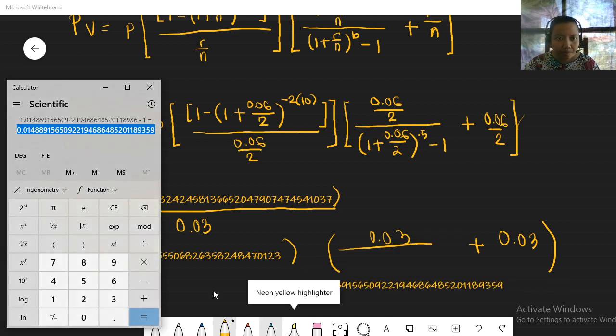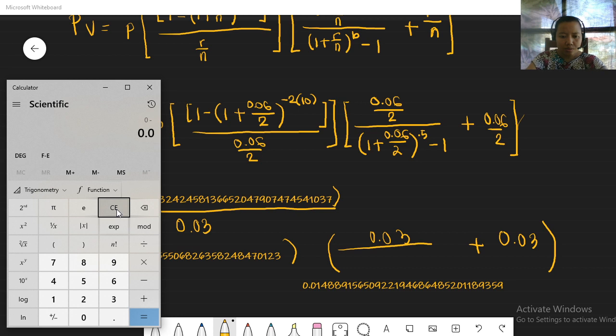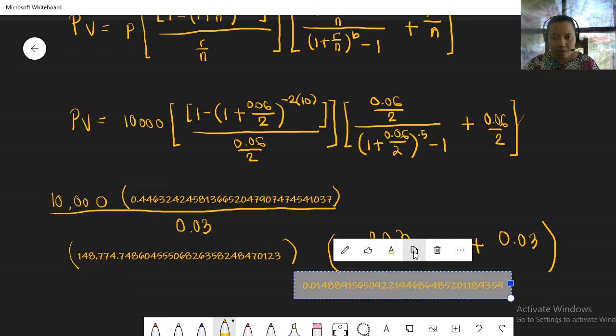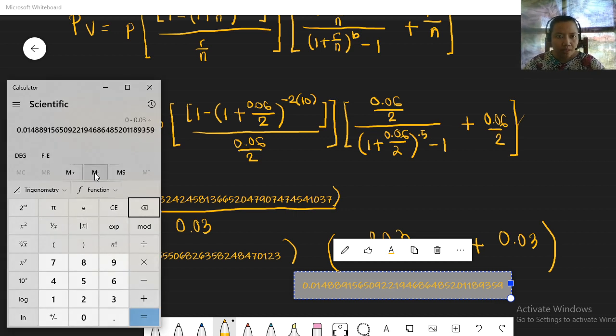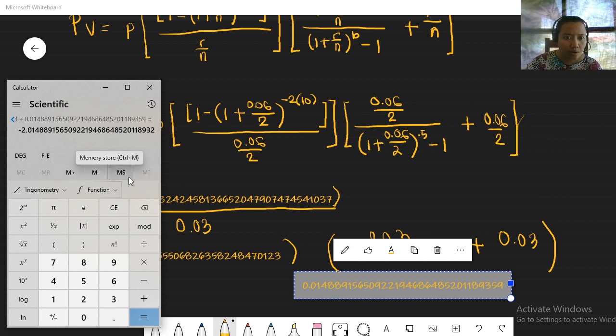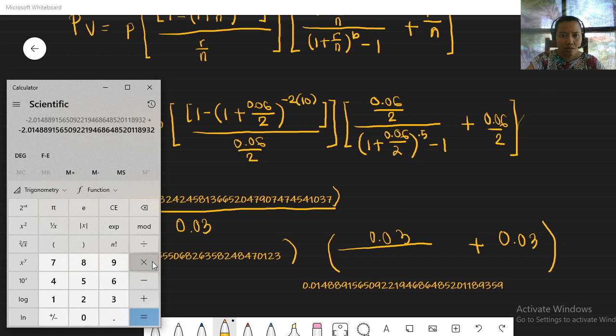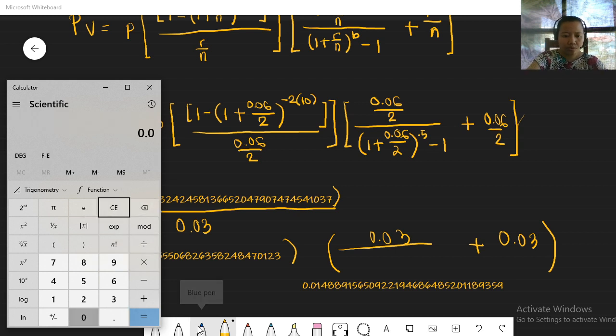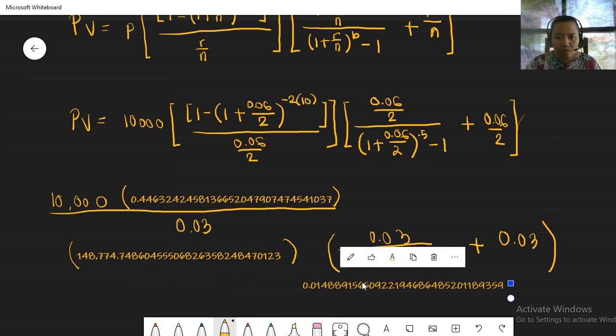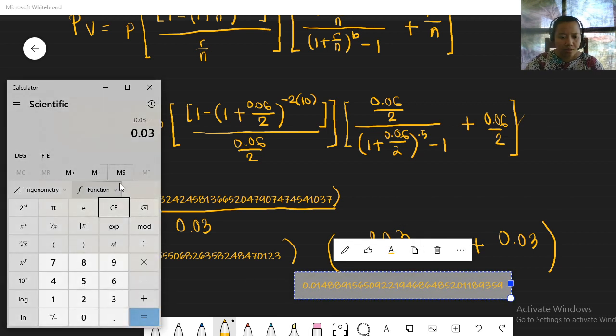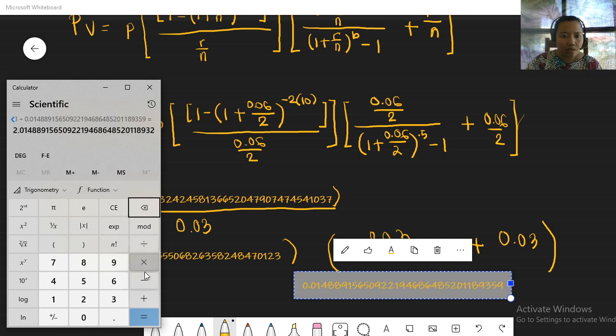Let's divide 0.03 by the copied value, paste. And then plus 0.03, divide it by the copied value, paste, and then plus 0.03.